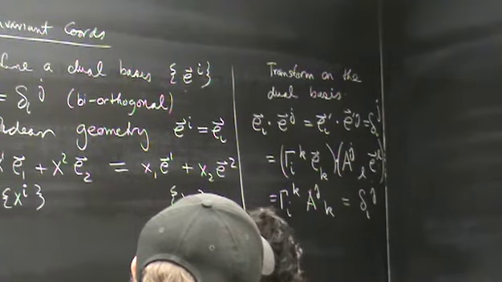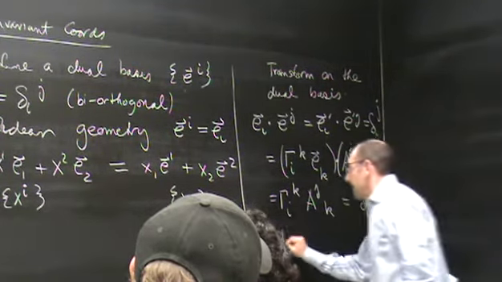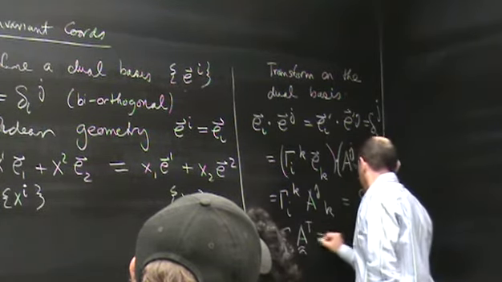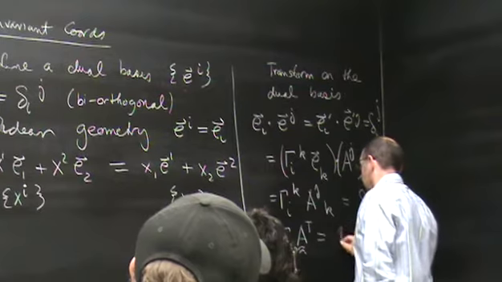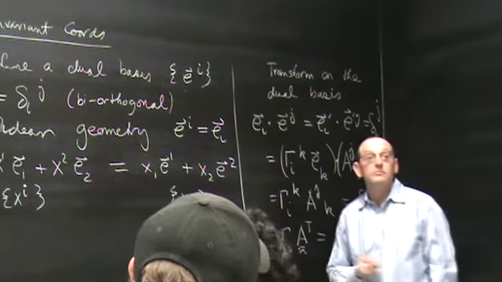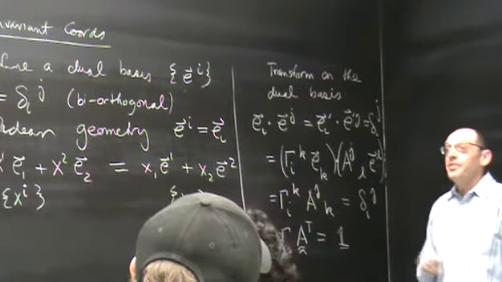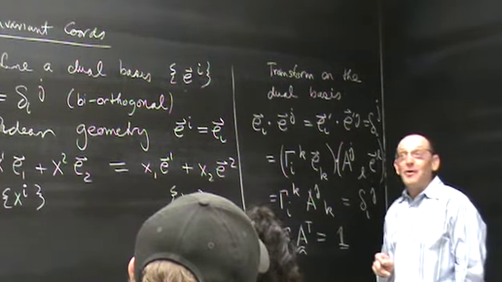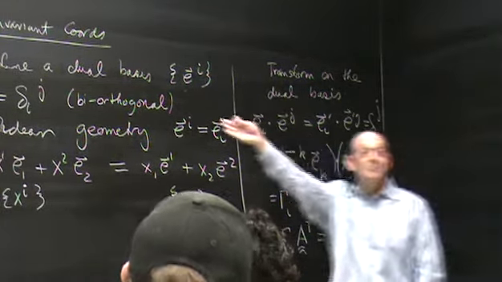Okay, but the matrix, this says that gamma times A transpose is the identity. But the thing which is the inverse transpose is what we call lambda.